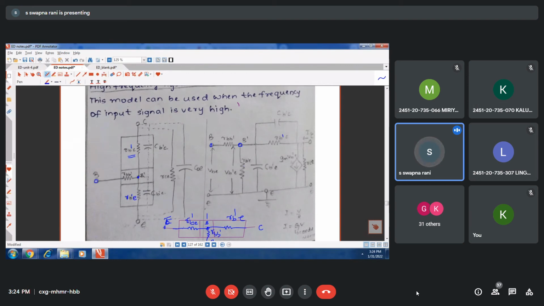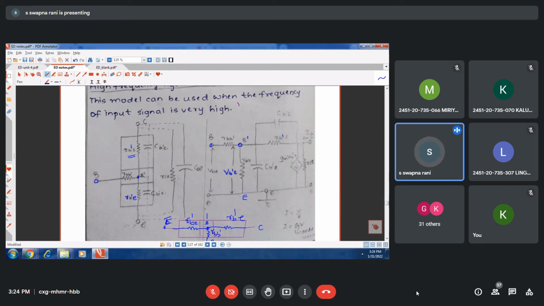So the voltage represented between B dash and E is VB dash E. Generally, for the transistor to act as an amplifier, the base emitter junction is forward biased and the collector base junction is reverse biased.